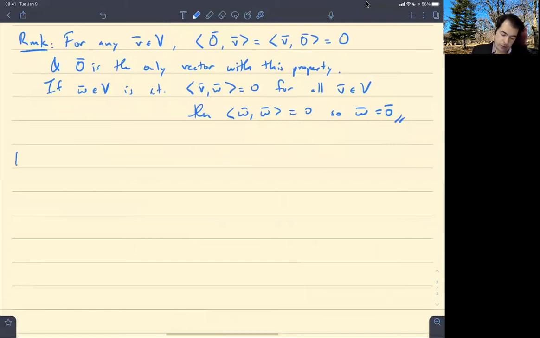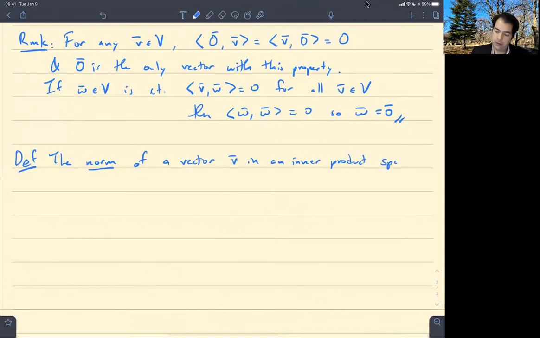Okay, so definition. The norm of a vector v in an inner product space. Right, an inner product space is a vector space with an inner product. The notation is like absolute value, but we put 2 bars instead of just 1.